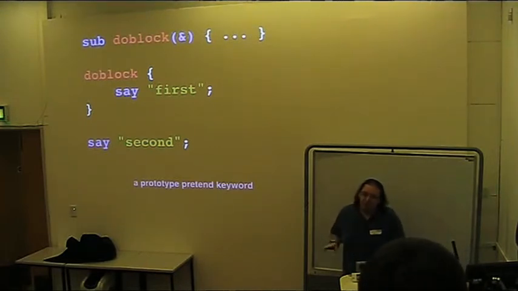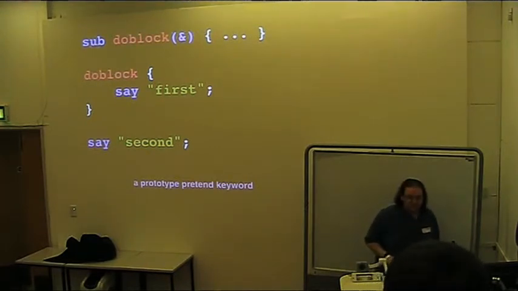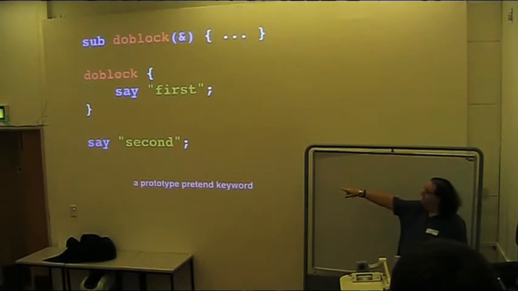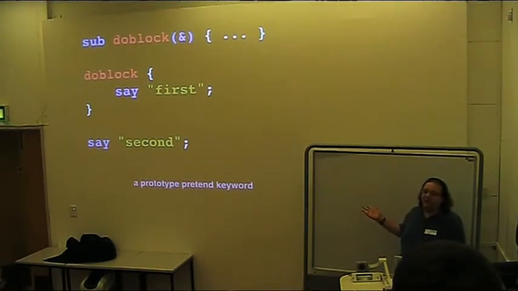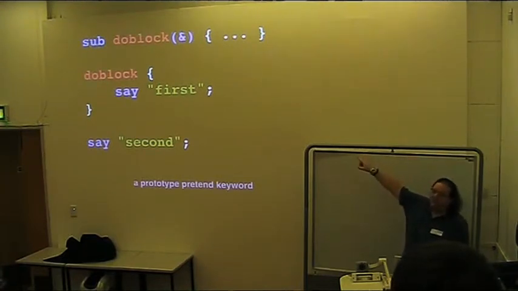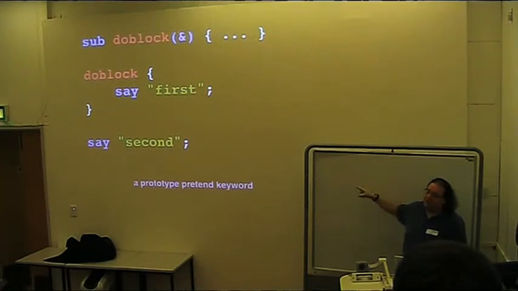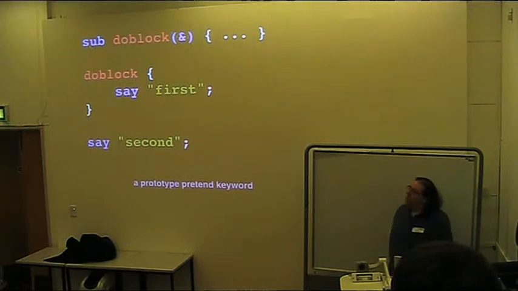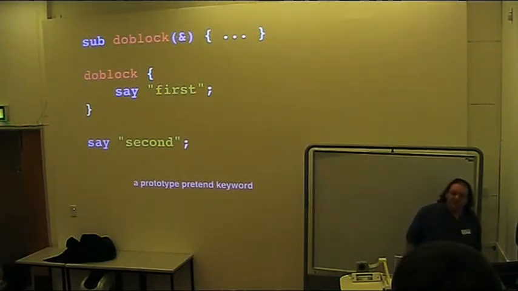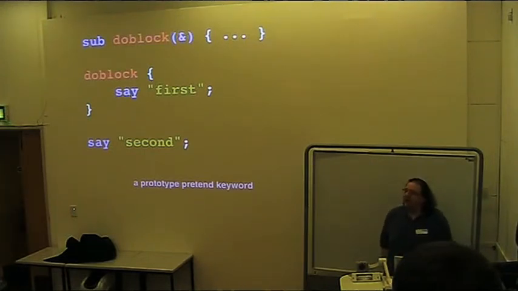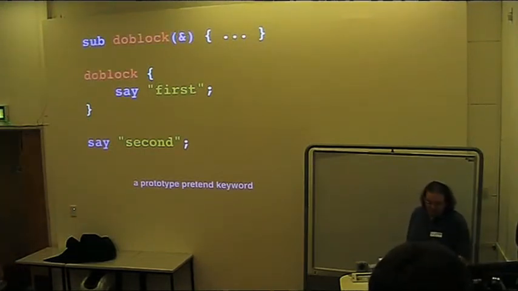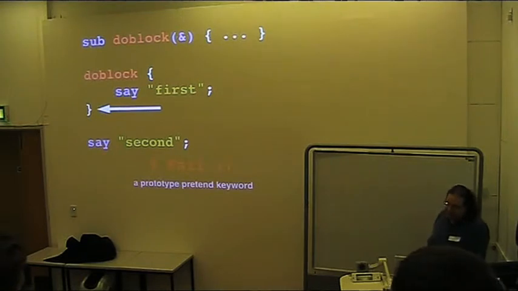You need a semicolon because otherwise Perl is going to attempt to parse this last expression, say second, as a list item on the end of that block, but we've told the prototype that there is no list, it's just a subroutine. So this is a compile time error. It'll tell you too many arguments for this subroutine do block. So prototypes can give us some power to do these keyword-like things, but they're subtle, and this is a fail.